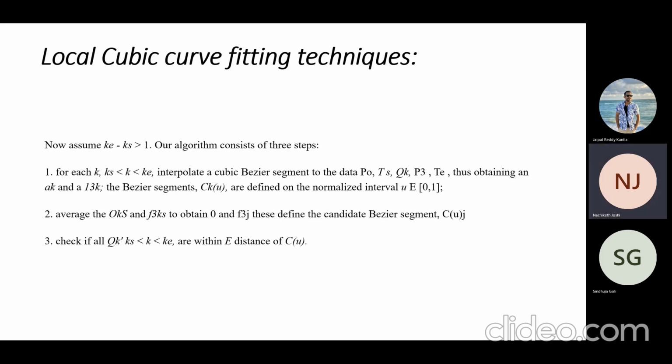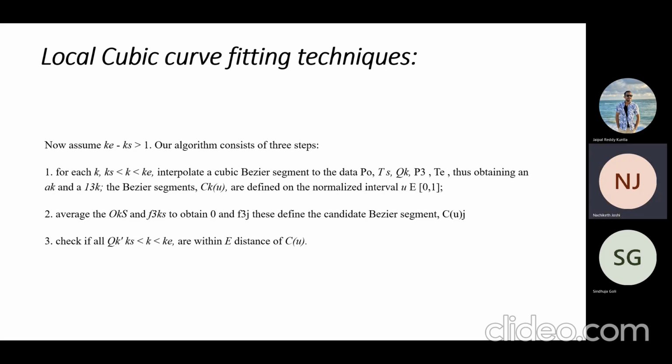Now assume ke minus ks is greater than 1. Our algorithm consists of three steps. For each k, ks less than k less than ke, interpolate a cubic Bezier segment to the data P0, TS, Q_k, and P3, TE, thus obtaining alpha_k and beta_k, the Bezier segments C_k of u defined on the normalized interval u belonging to 0 and 1.